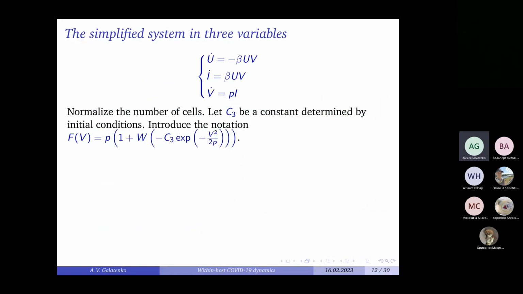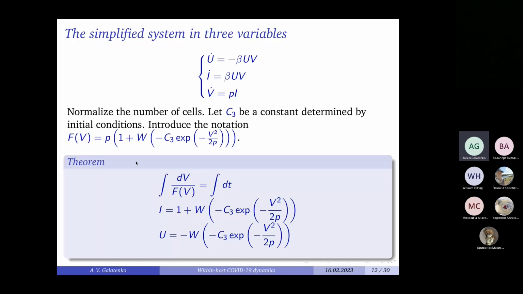Here are some more analytical results concerning the simplified system in 3 variables. We're just in the process of solving this problem, so this result is far from the ultimate one. However, we decided to share it with you. C sub 3 here is some constant determined by initial conditions. Similarly to the previous case, the number of cells equals 1: I plus U is equal to 1.